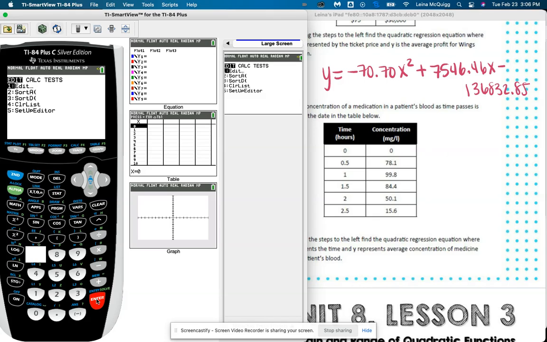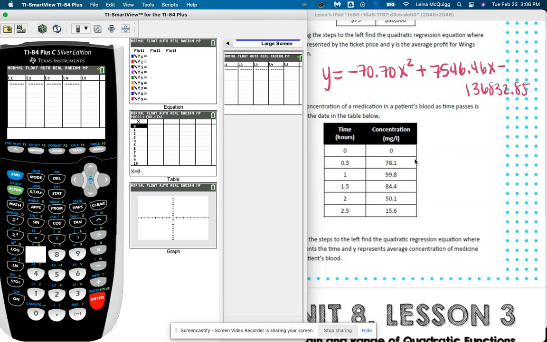Enter for edit. We're going to put the first column in L1. So 0.5, 1, 1.5, 2, 2.5.